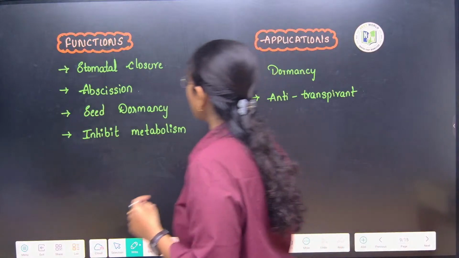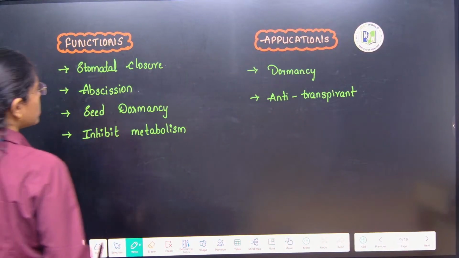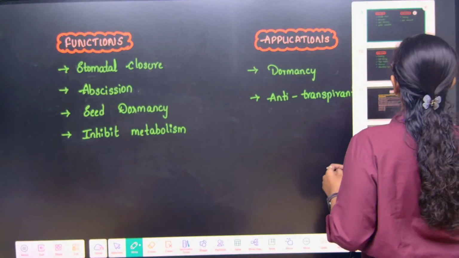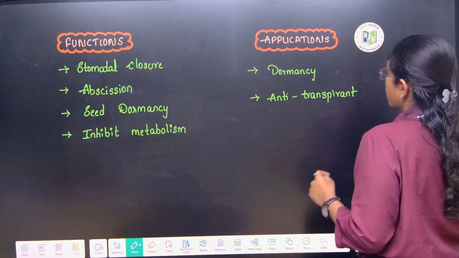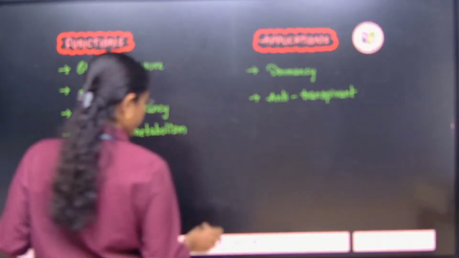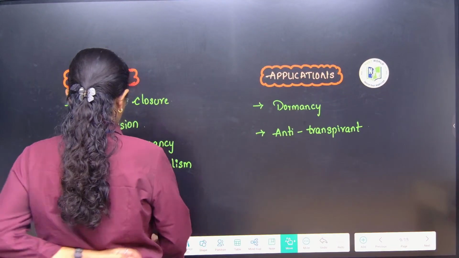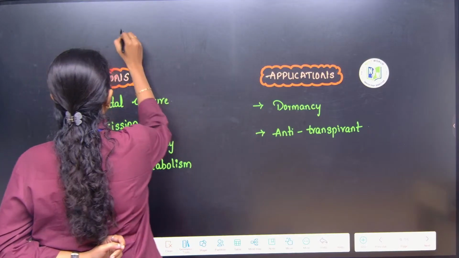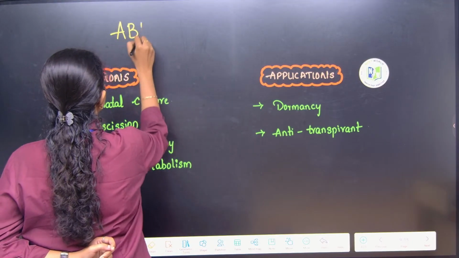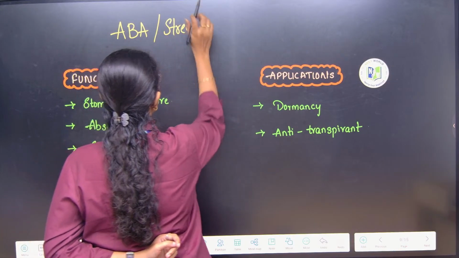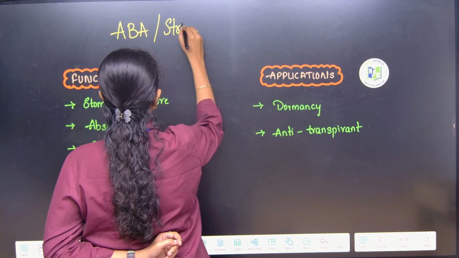And then next is abscisic acid, which is also addressed as the stress hormone because it will be released during stress conditions.